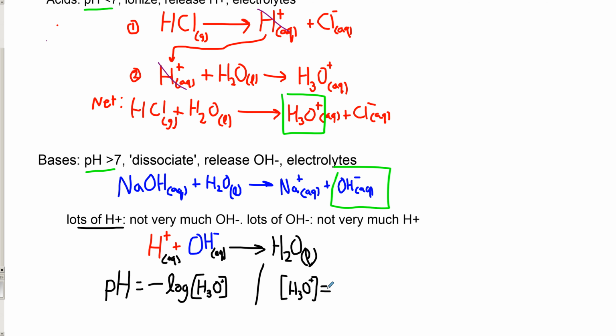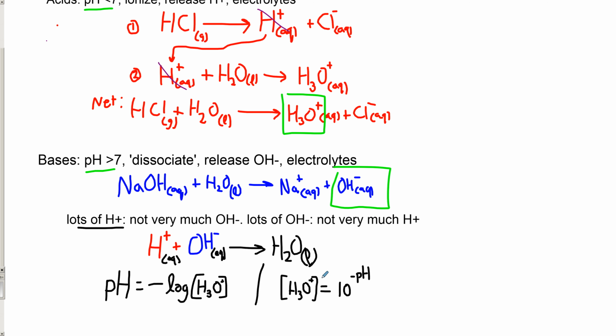So our H3O concentration is literally just going to be 10 to the exponent of negative pH. So going from one to the other is simply a matter of plugging it into your calculator.